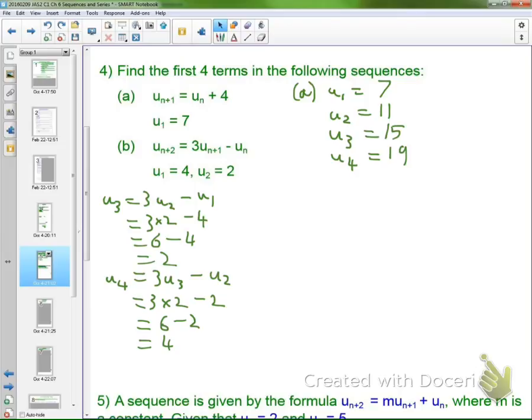So there we have a couple of examples of just using a recurrence relation to generate a sequence.